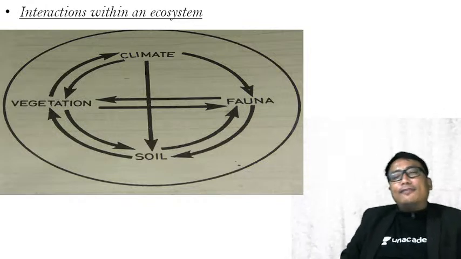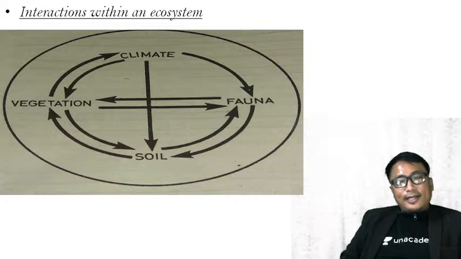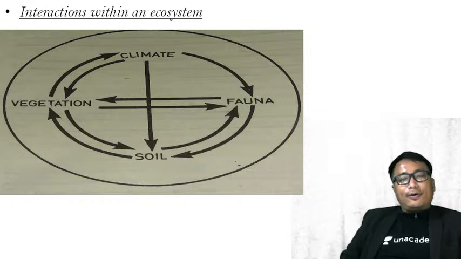Similarly, this soil and fauna, you see here, how they are interrelated. How a soil and animal organism, or fauna, is interrelated. In the diagram in front of you, there are clearly two arrow marks.